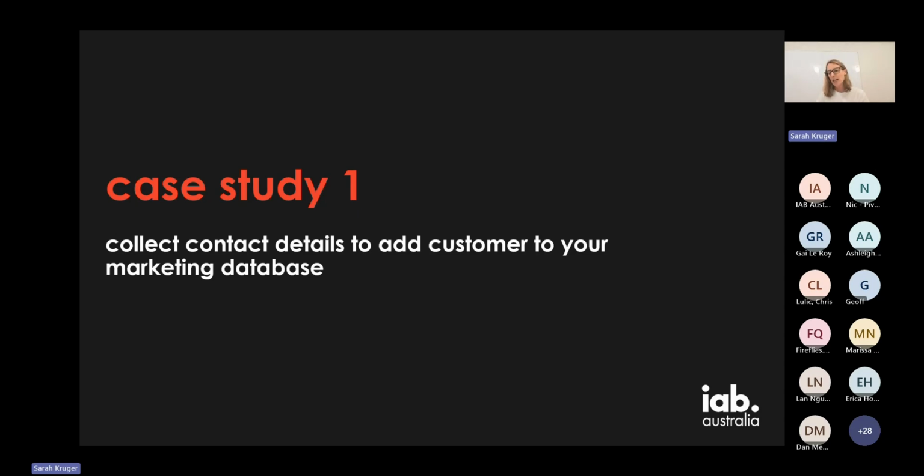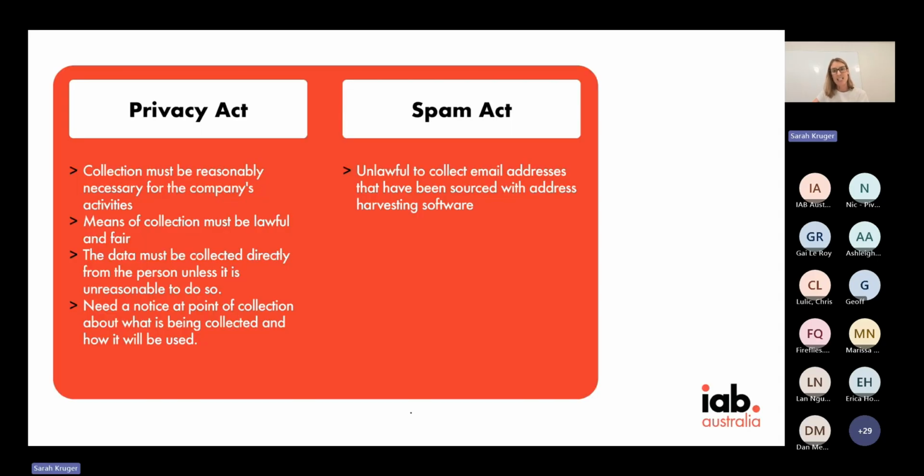The reason I've included that is because I've actually many times been asked the question of, I've just come from another business, I've got this database, can we just combine it? Or can we combine a database for this purpose, one part of the business, with a database another part of the business has, so that we can reach more customers in an EDM, for example? Now, the answer to that is usually no.